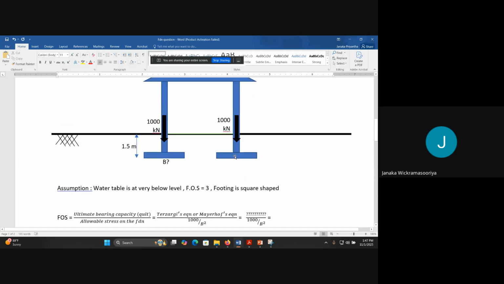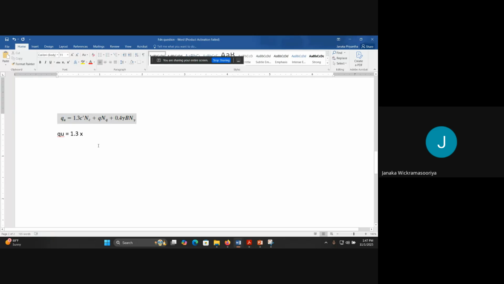We need the cohesion value. Those values should be given, right? Let's take the cohesion value as 10. NC, NQ, N gamma should be found for the phi value.